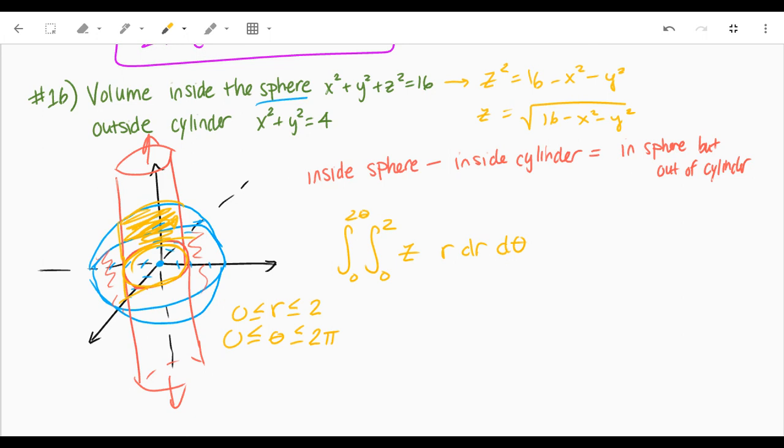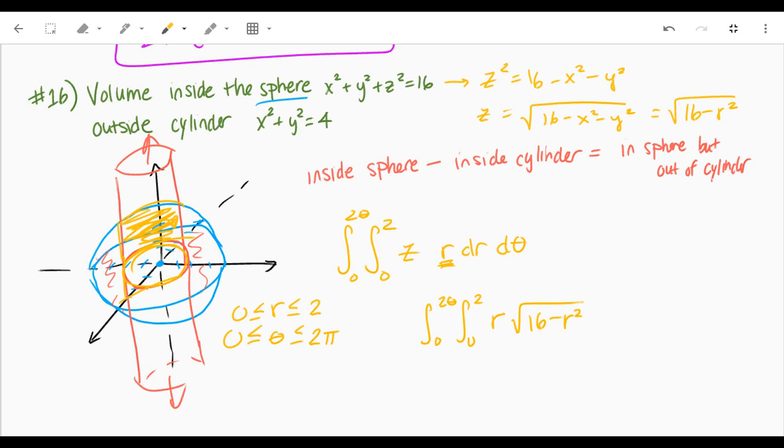Okay, good so far? All right. Now, z is the same as the square root of 16 minus r squared. So we're going to do the integral from 0 to 2 pi, 0 to 2 of r, and that's this r here, square root of 16 minus r squared.